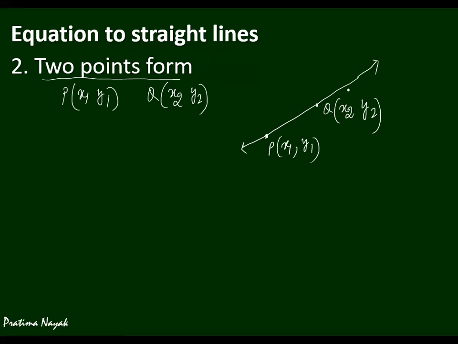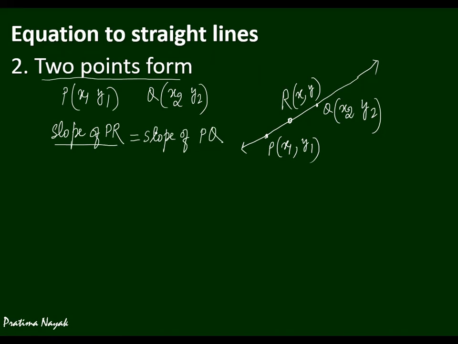So let me take a variable point R, whose coordinate is x comma y. Then slope of your PR is the same as your slope of PQ. So what is slope of PR?